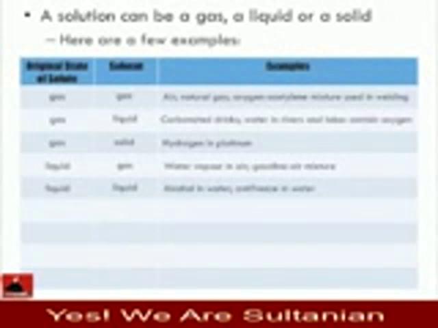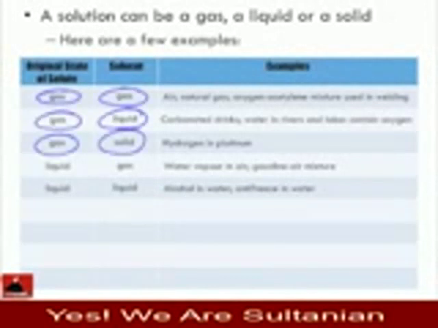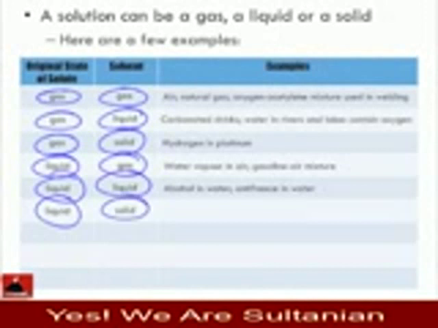So these are just a few examples. And notice how we've got each one of the states of matter. We've got gas in a gas, gas in a liquid, gas in a solid. So we're looking at liquid in a gas, liquid in a liquid, and now liquid in a solid, as we find in amalgams such as mercury and silver.